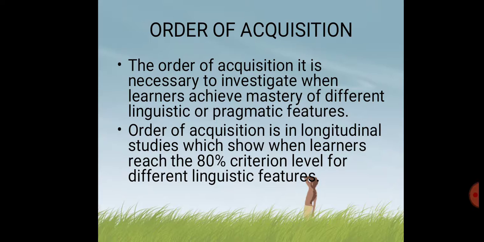The ideal way to investigate order of acquisition is in longitudinal studies, which show when learners reach the 80% criterion level for different linguistic features.